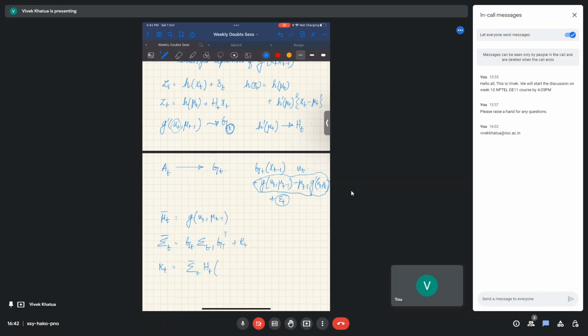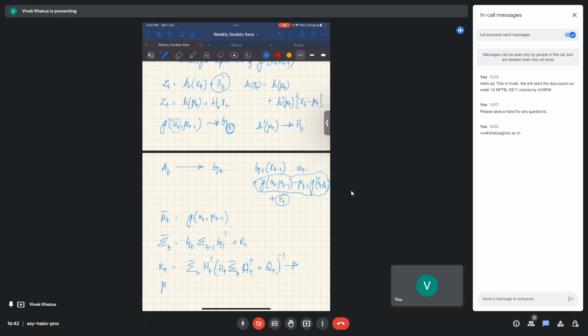H_t transpose times H_t sigma belief prediction H_t transpose plus Q_t. You can see the stochasticity is still here, then the whole inverse. This will be our new gain.